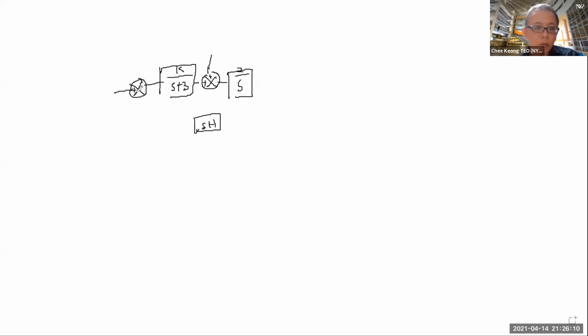The output is fed back, and this is what we term Y(s). The other inputs are R(s) and D(s), where D(s) is the disturbance and R(s) is your reference input.